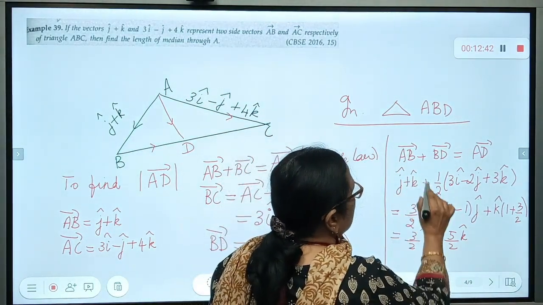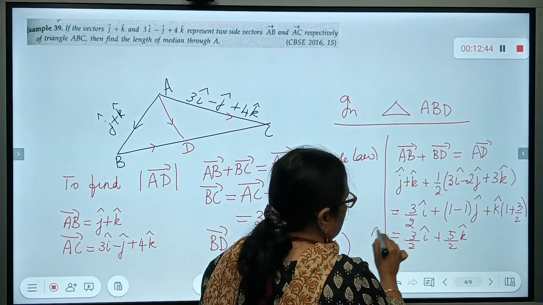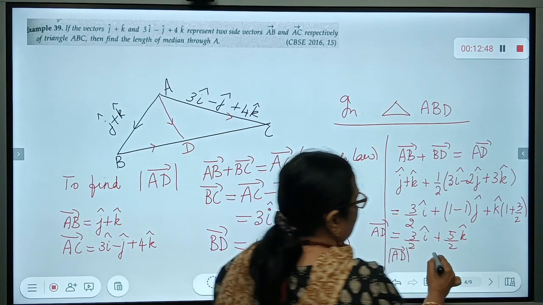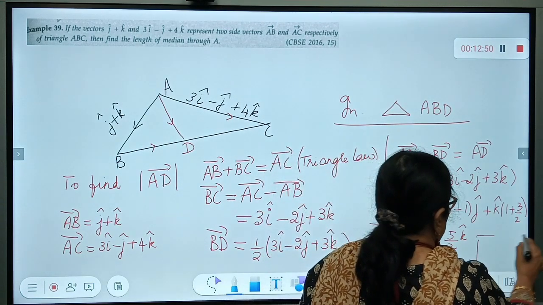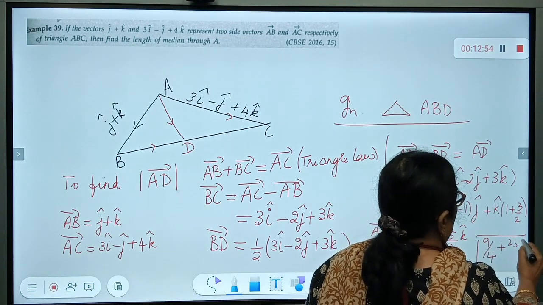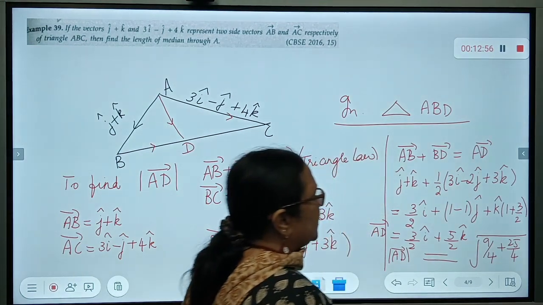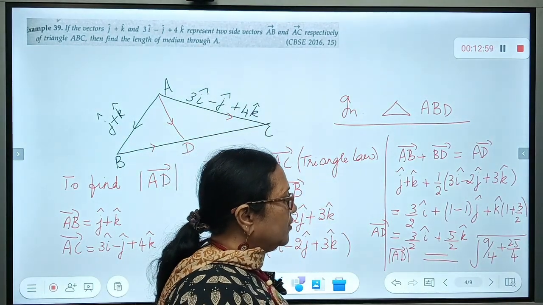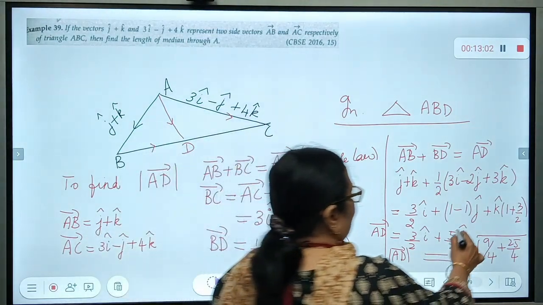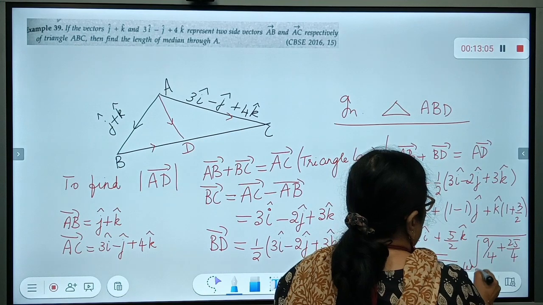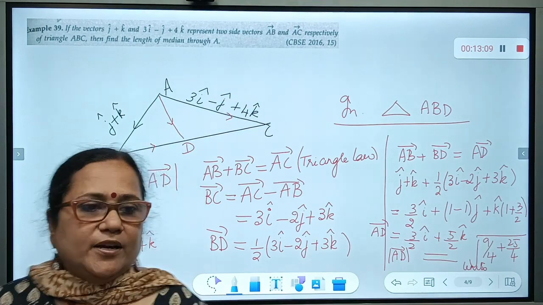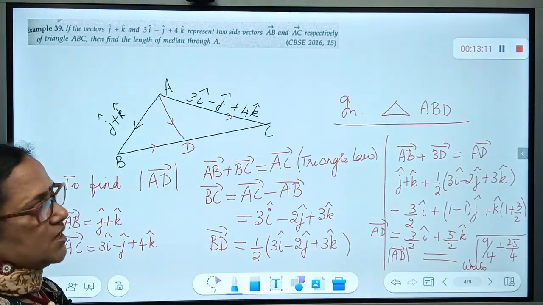Now, what is this? This is AD vector. So, modulus of AD vector will be square root of 9 by 4 plus 25 by 4. So, it will be square root of 34 by 2 units. This is the length of the median from A to D. I hope it is clear.